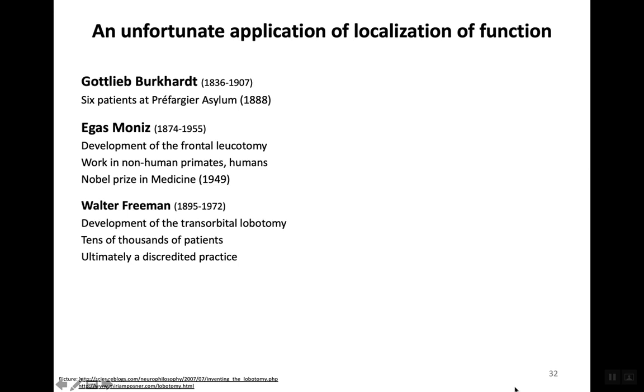But perhaps the worst instance is that of Walter Freeman, an American neurosurgeon who developed yet another version of the frontal lobotomy, the so-called transorbital lobotomy, due to the fact that he severed the connection of parts of frontal cortex to the rest of the brain by drilling not into the skull but through the eye.